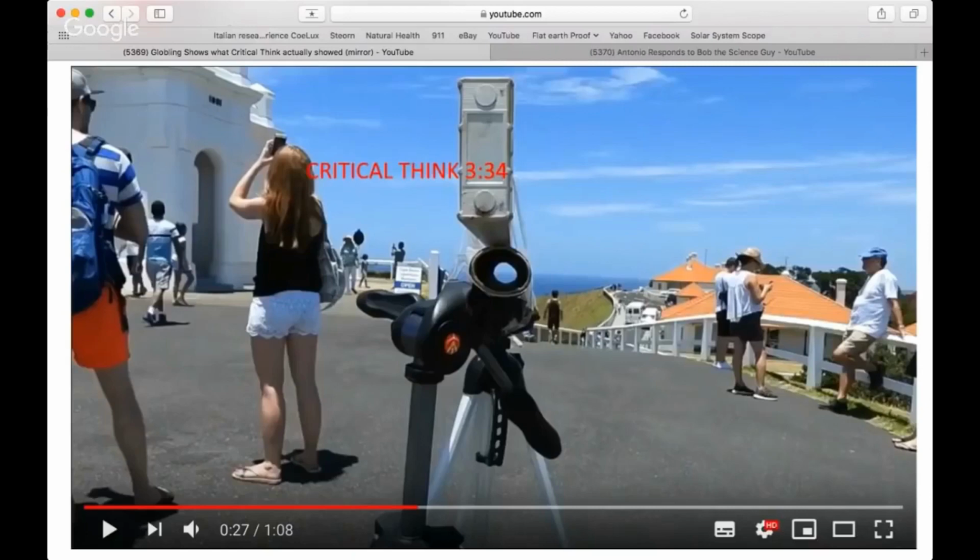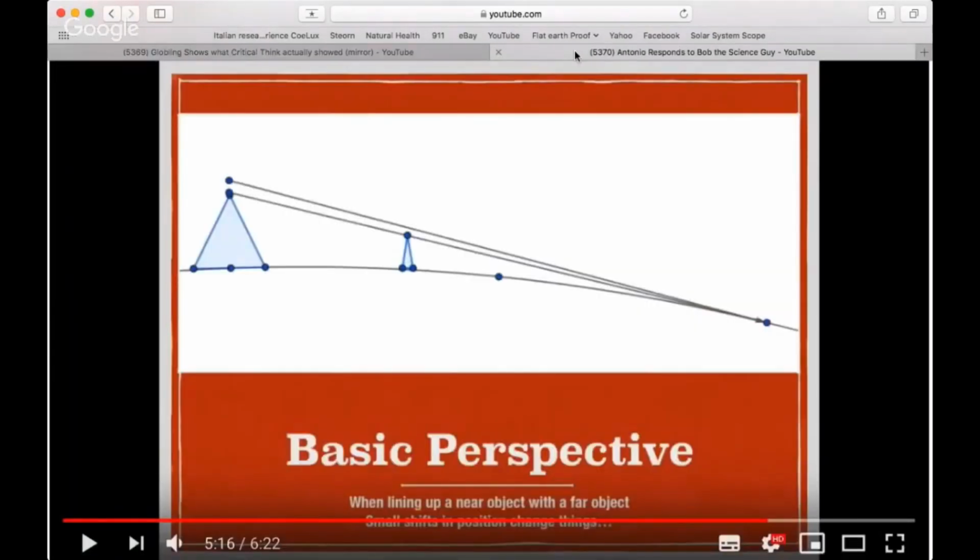You can see that the horizon is in the middle of the tube, and we're looking directly down the tube. And the tube has been shown to be at an angle of approximately 0.3 degrees, which is the expected horizon drop.